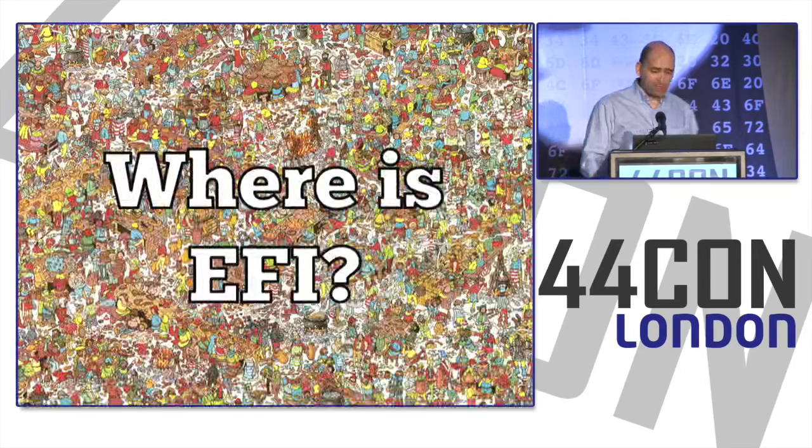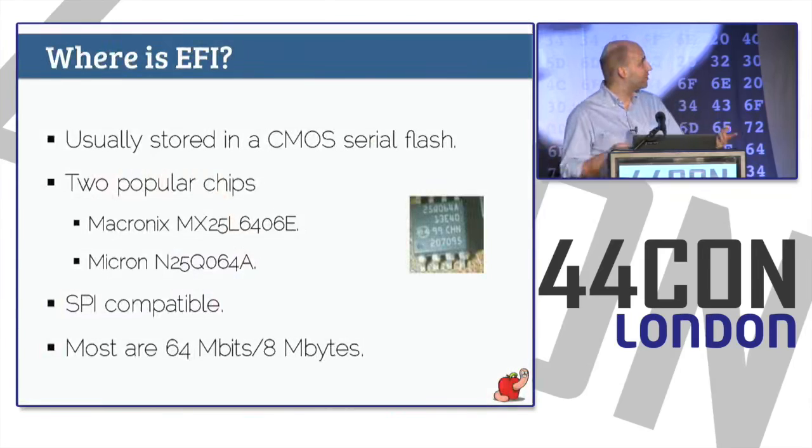So let me tell you where EFI is inside your computer so you can start doing some reversing on this stuff. It's a serial flash chip that you can find on your motherboard. This is one of the chips. It's usually in a SOIC format, with 8 pins exposed, so it's very easy to plug in with a SOIC clip.